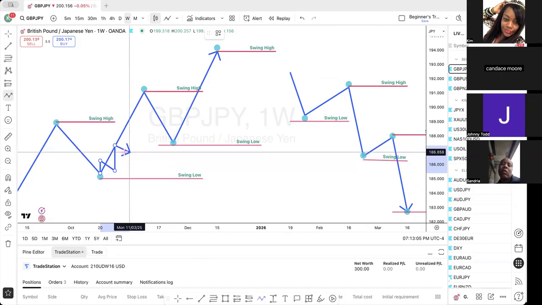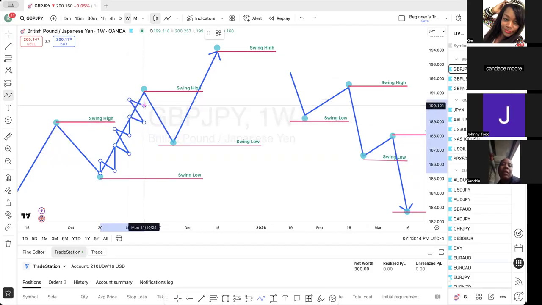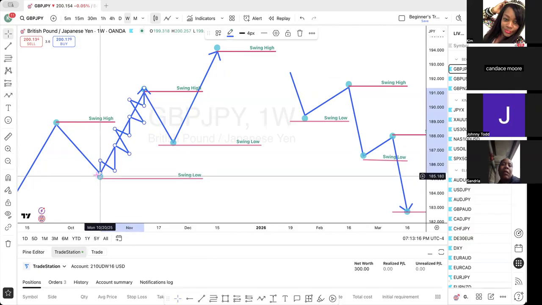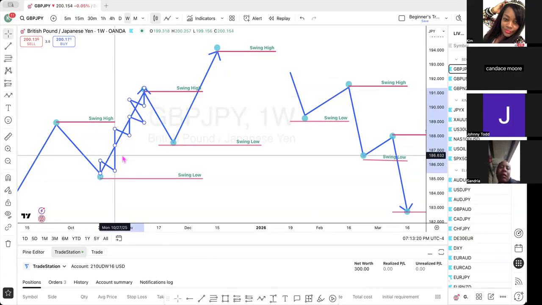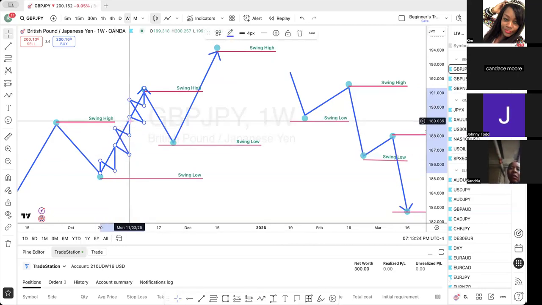You're going to see all these little highs and internal. I thought I turned this magnet off. I did. You're going to see all these internal swings within this leg between this low and this high. Does that make sense? Does everyone understand? And I'm going to show it to you on this chart. So all these are considered internal.